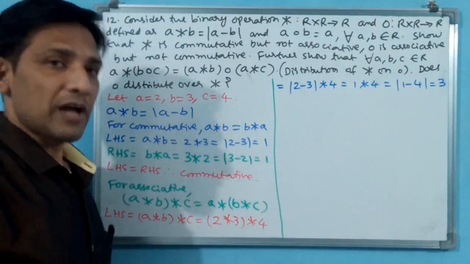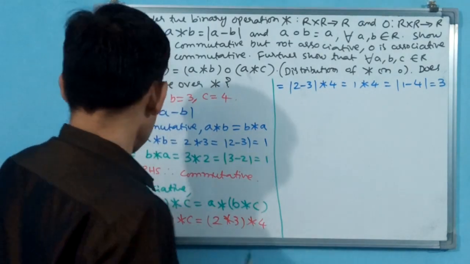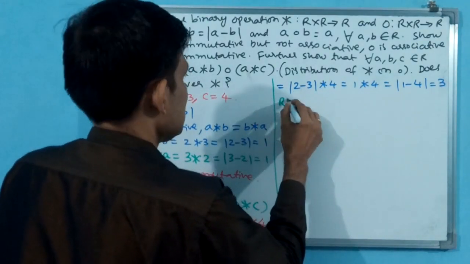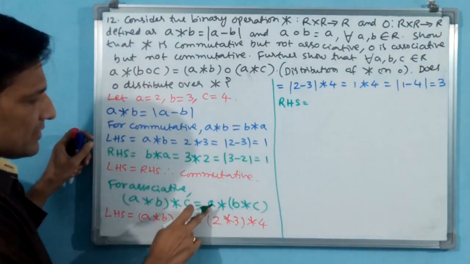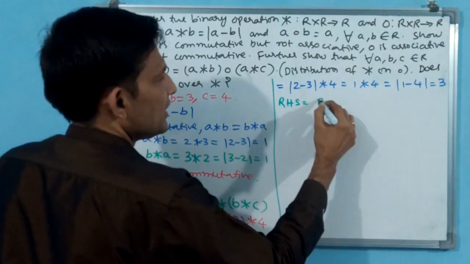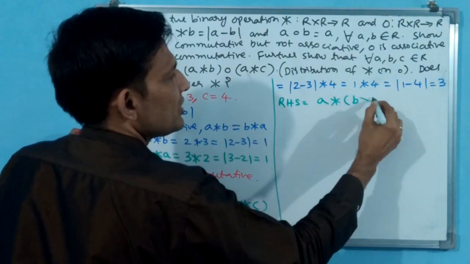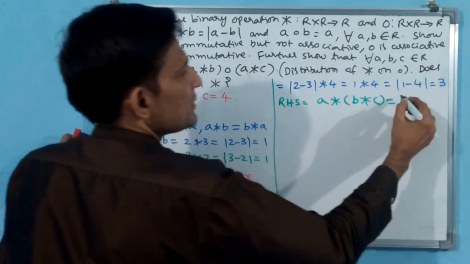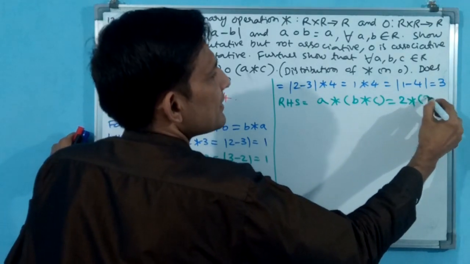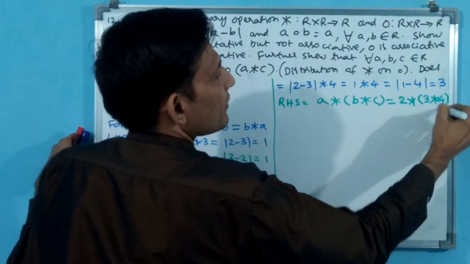Now you go for RHS also. RHS is what? A star (B star C). A is how much? This we know, 2 star (3 star 4).